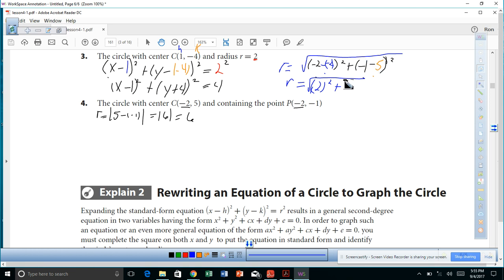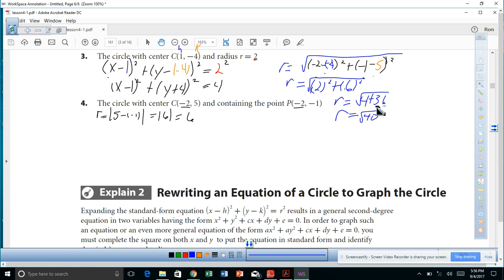That's not working out right, R equals the square root of 40.